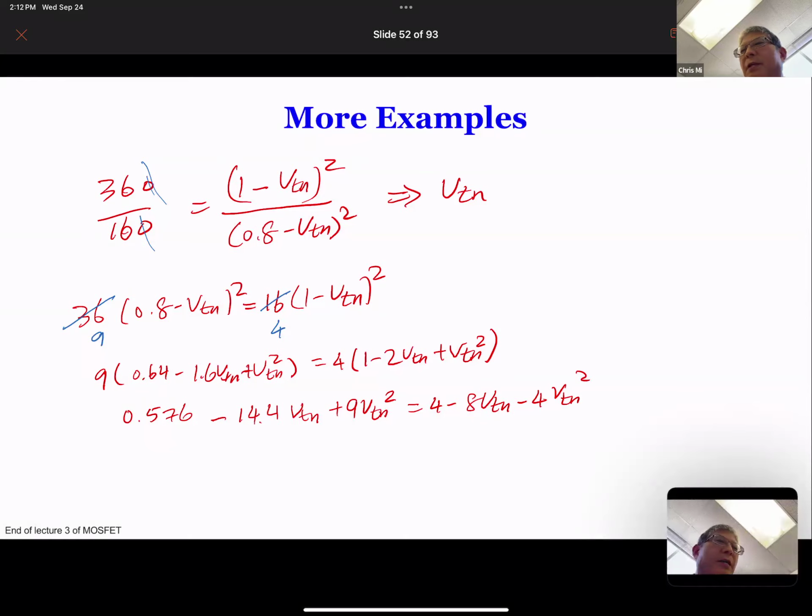You can see that you can move things around and combine these terms.